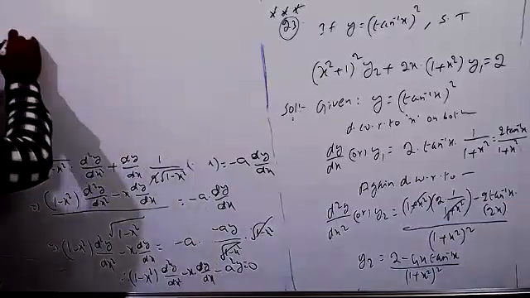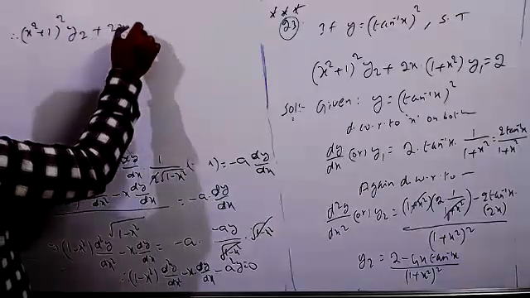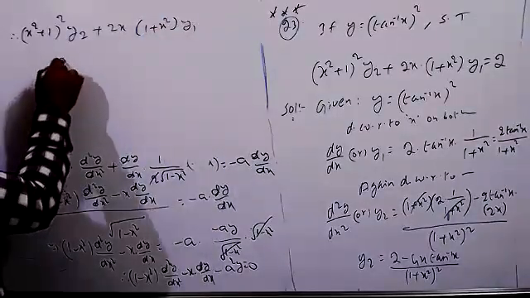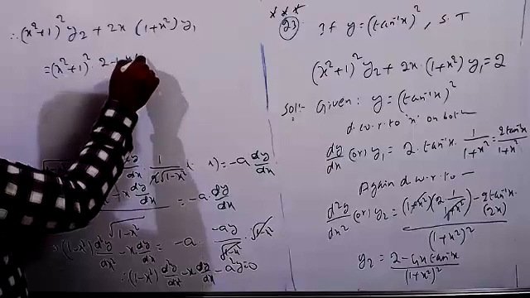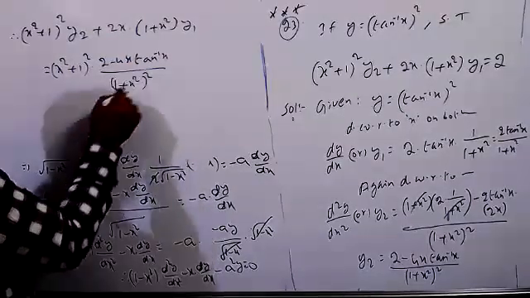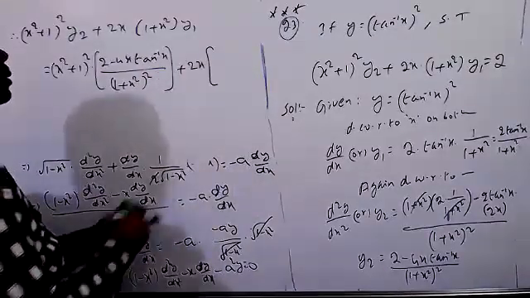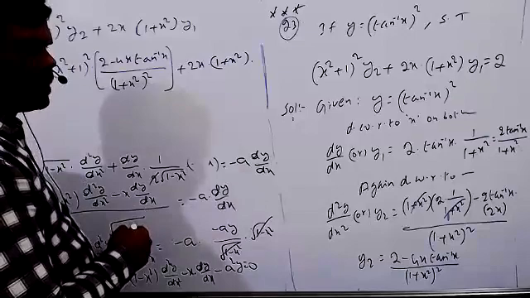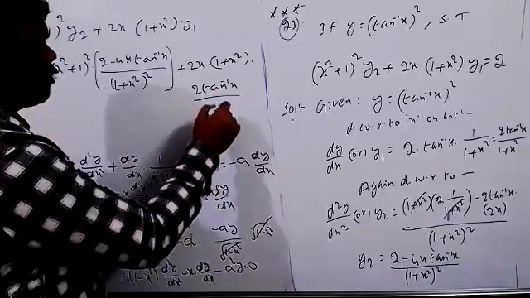Therefore x square plus 1 whole square into y2 plus 2x into 1 plus x square into y1 equals x square plus 1 whole square into y2, which is 2 minus 4x tan inverse of x whole by 1 plus x square whole square, plus 2x into 1 plus x square into the value of y1, which is 2 tan inverse of x whole by 1 plus x square.